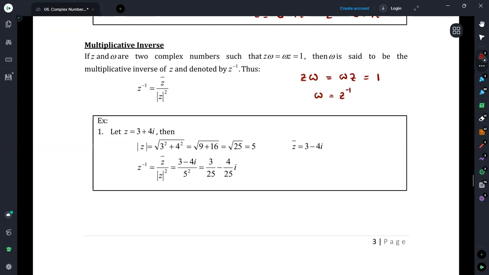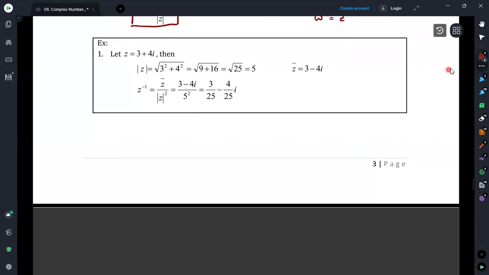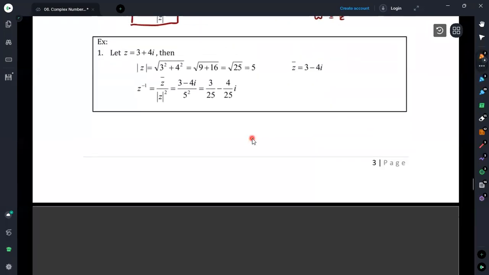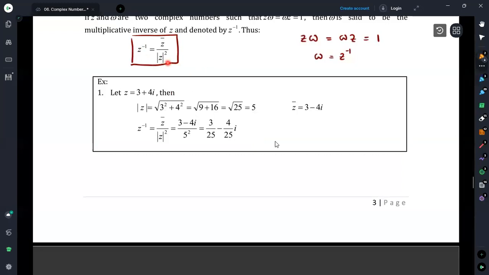And z inverse can be computed using this equation: z inverse equals the conjugate of z divided by the square of the modulus of z. Using this equation, we can simply calculate the multiplicative inverse of a complex number. So, according to this equation, we'll try to get a value for z inverse.